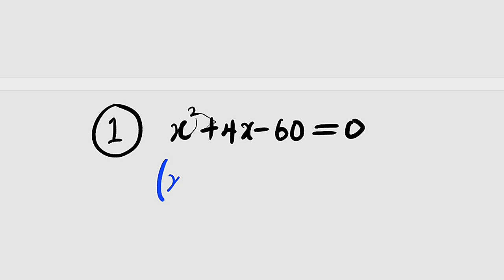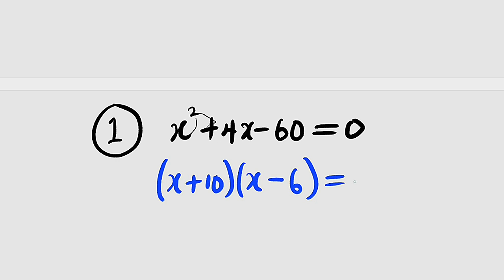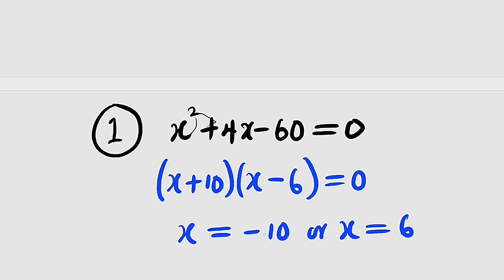So we have (x plus 10) multiplied by (x minus 6) equal to 0. If you set each of these factors equal to 0, x could either be negative 10 or x equal to positive 6. So this is the first solution.